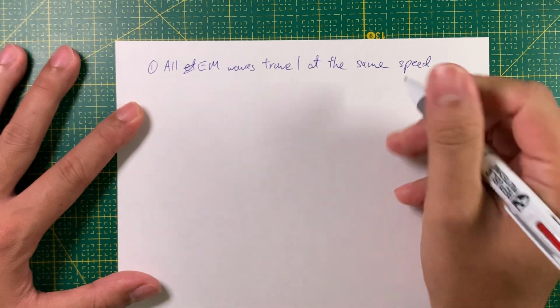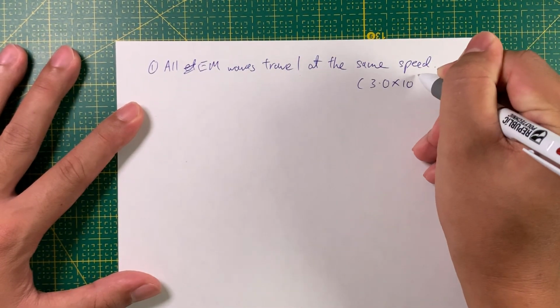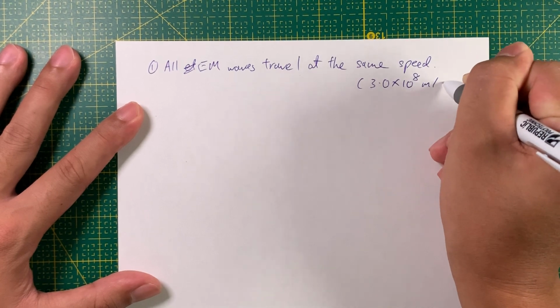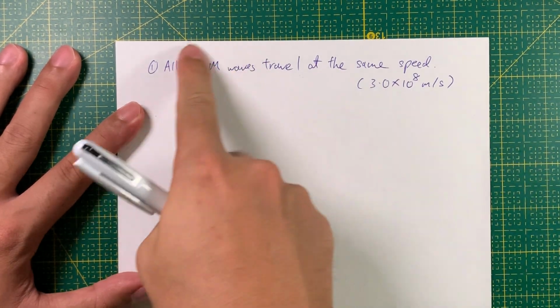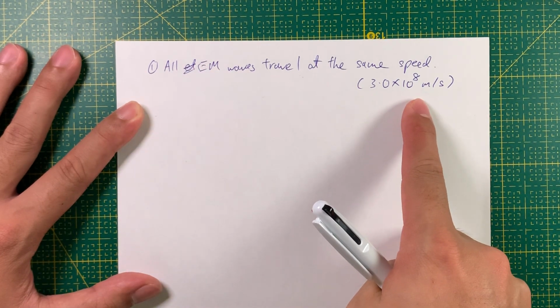The speed we are talking about is 3.0 times 10 to the power 8 meters per second. All 7 components of EM waves travel at the speed of light.